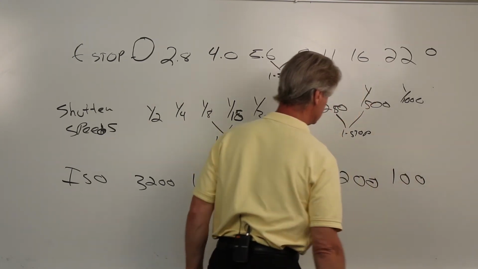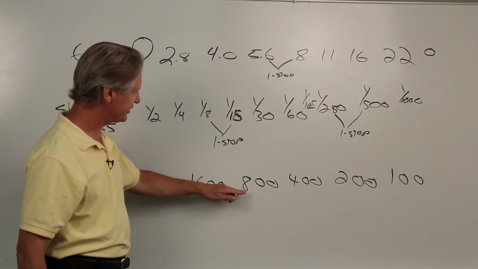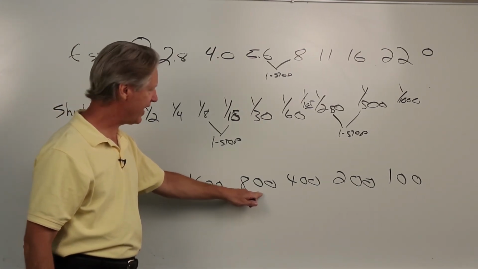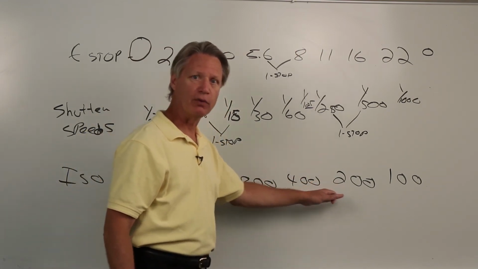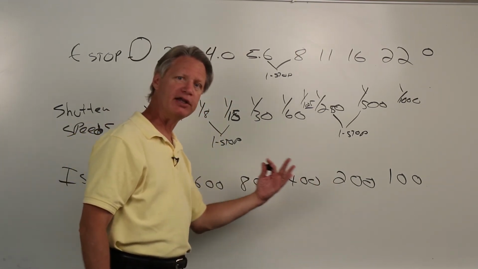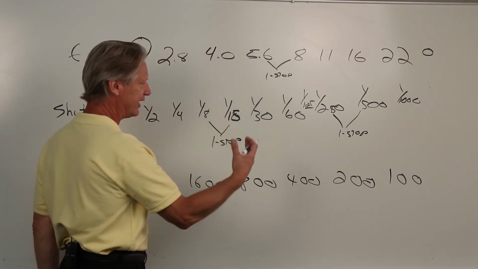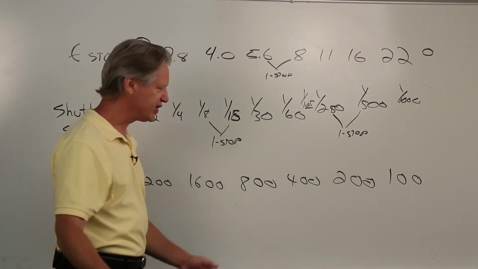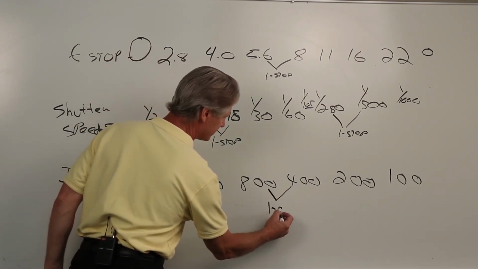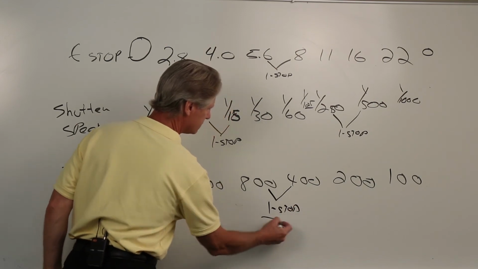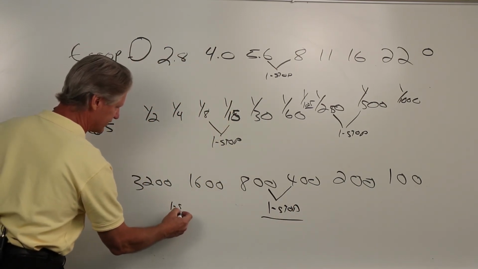Now again, if we look at these, we can see that from 16 to 8 is half. From 8 to 4 is half. From 4 to 2 is half. So it's half or double in each direction depending upon which way you look at it. And again, the convention works here because the difference between 400 and 800 is one stop. The difference between 1600 and 3200, again, is one stop.